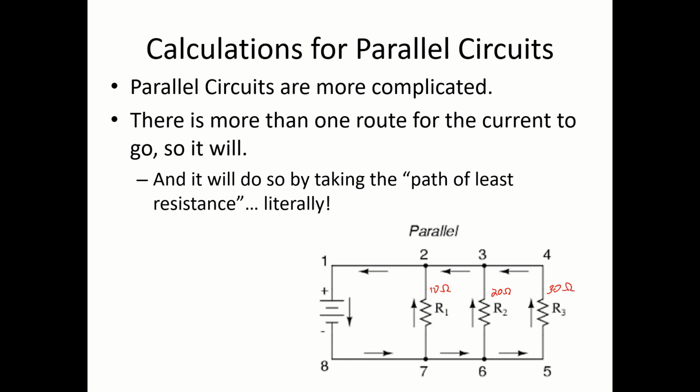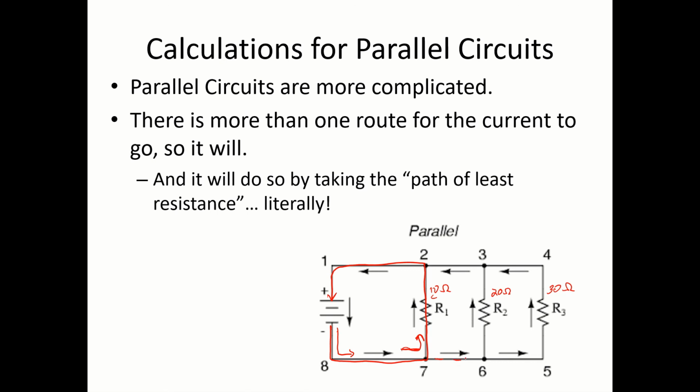The vast majority of the electrons, when they leave the battery through the negative terminal, come up to junction 7. Statistically, more electrons are going to travel through R1 because it contains less electrical resistance, and then complete this circuit for R1. That's the circuit that the vast majority of these electrons will travel through.